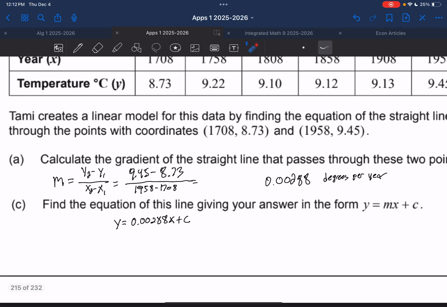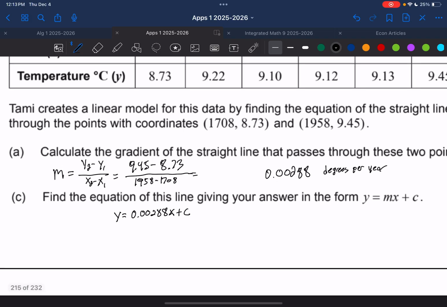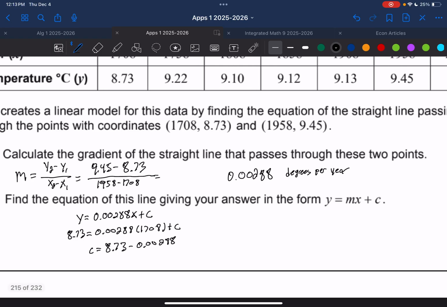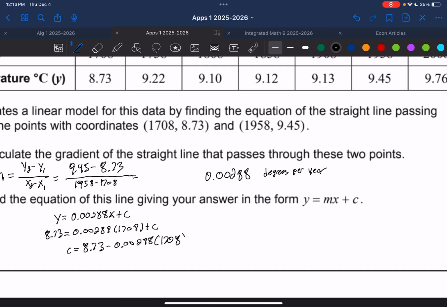To do that, we can use either of our points here. So I'm going to choose this one, where x is 1708 and y is 8.73. I'm going to say 8.73 is equal to 0.00288x plus c. And instead of x there, I'm going to use the x value that we know, 1708, plus c. And therefore, if I rearrange this, I get that c is equal to 8.73 minus that product, 0.00288 times 1708.